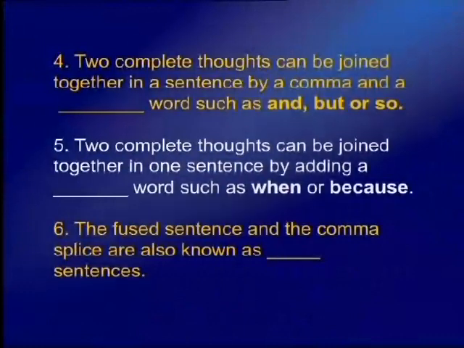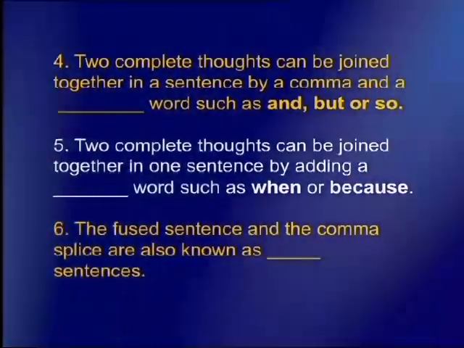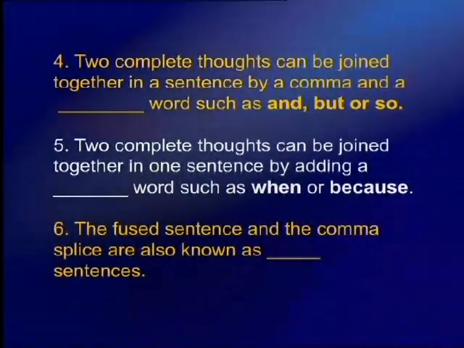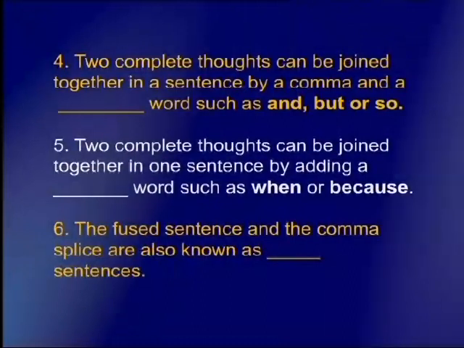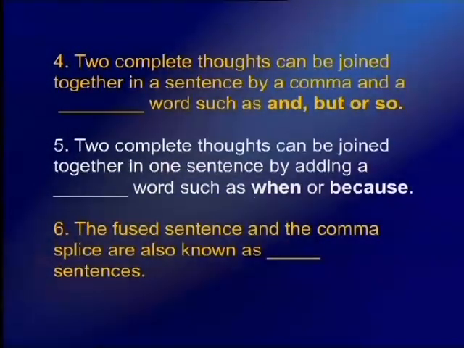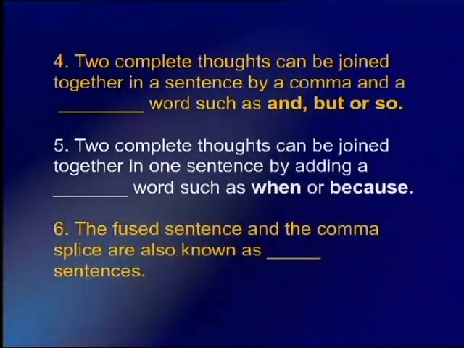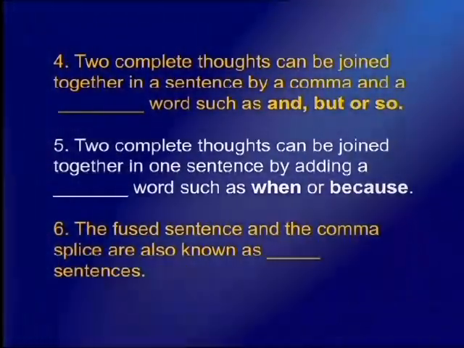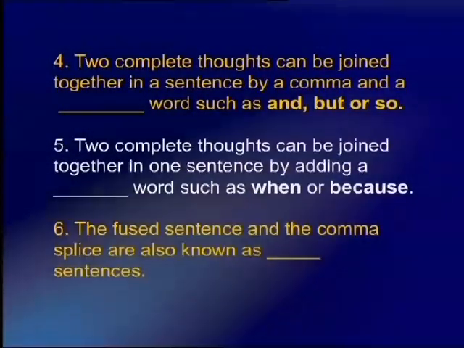And the fourth one, two complete thoughts can be joined together in a sentence by a comma and a blank word such as and, but, or so. And if you look carefully, the hint is given you.